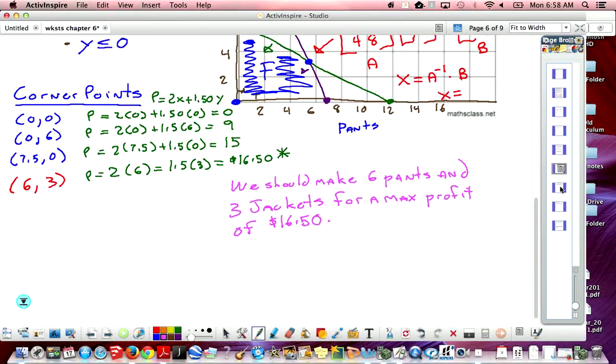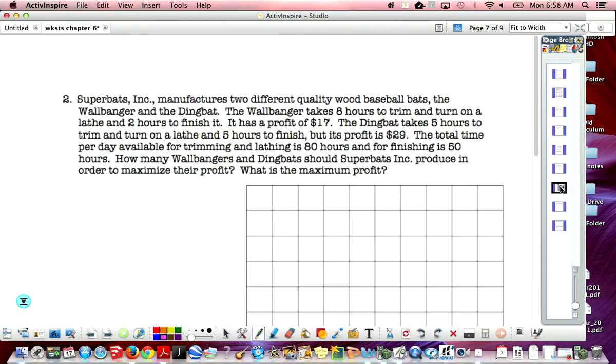Let's take a look at the second one on the back side. Same type of problem, just different context here. It says Super Bats Inc. manufactures 2 different quality wood baseball bats, the wall banger and the dingbat. The wall banger takes 8 hours to trim and turn on a lathe and 2 hours to finish it. It has a profit of $17.